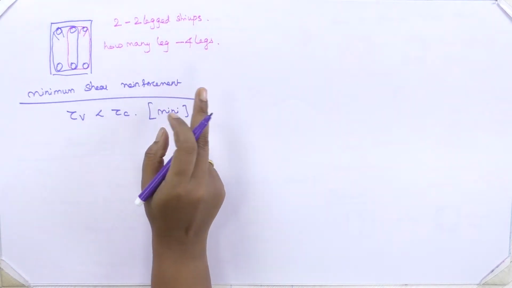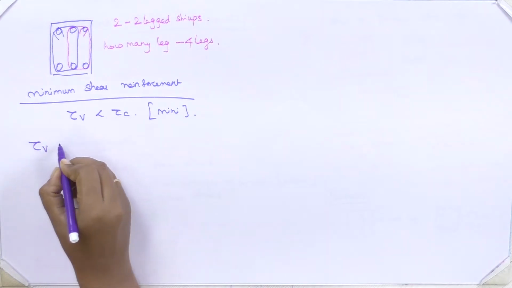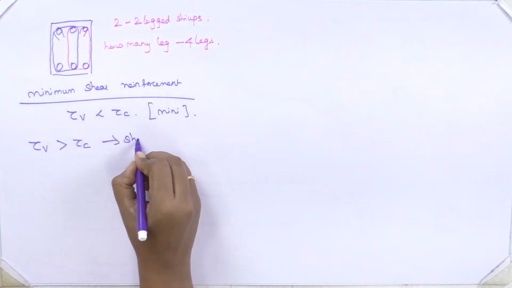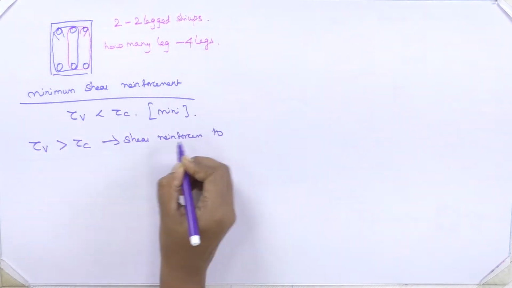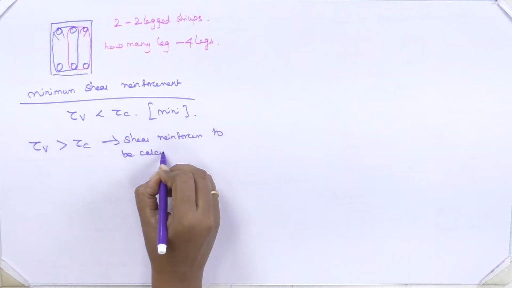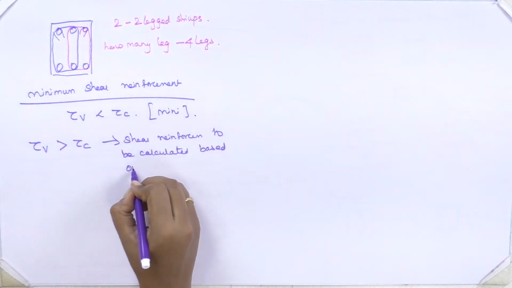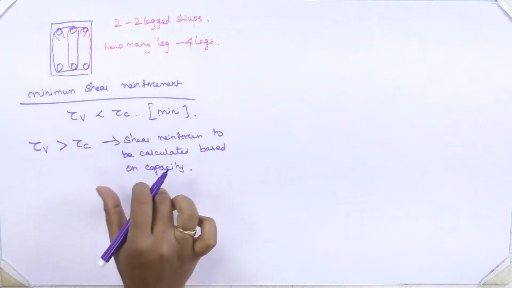Or else when tau V exceeds tau C, shear reinforcement is to be calculated based on capacity. So this is the criteria.